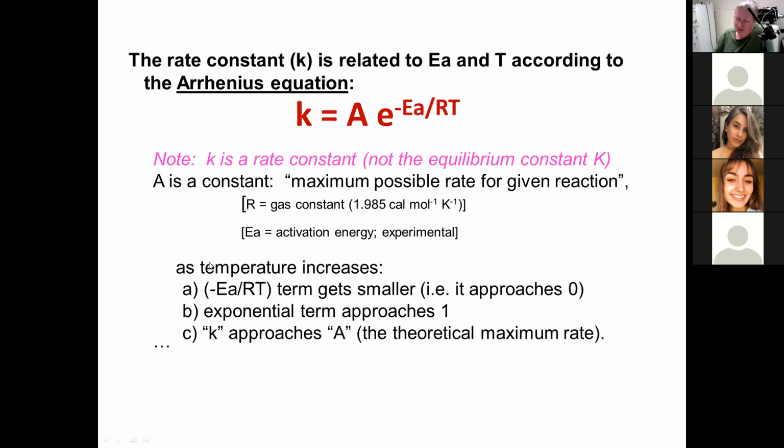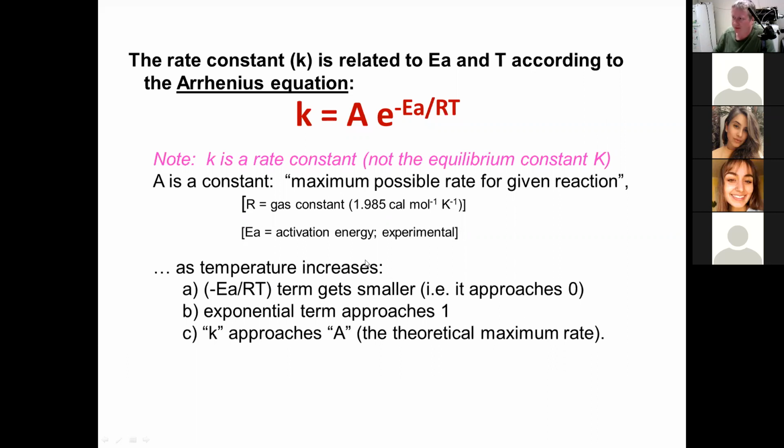So just as one way to think about this equation, you'd think when temperature increases, things go faster, right? Reactions go faster, and that's what happens. As temperature increases, the EA divided by RT term gets smaller because T gets larger, right?